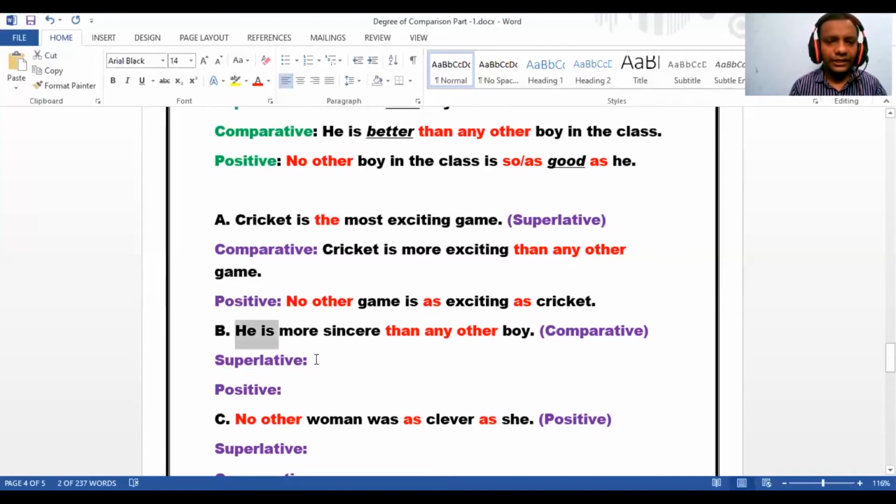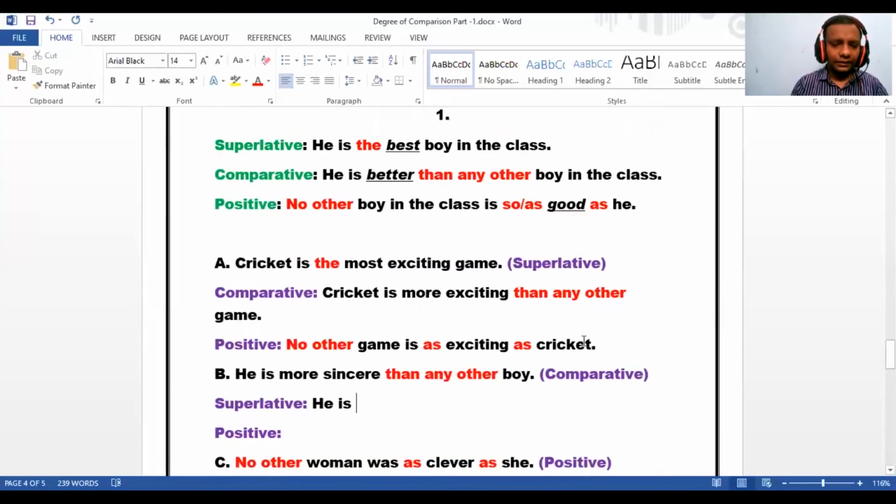So subject is he and verb is is. Then according to the rule we have the. So I have to write the most sincere boy.